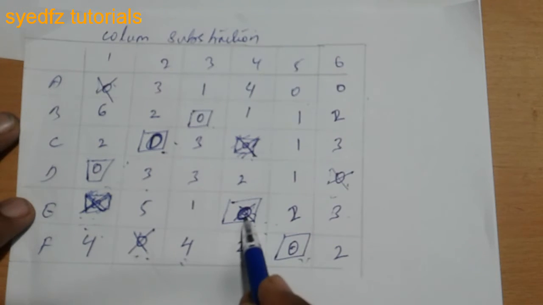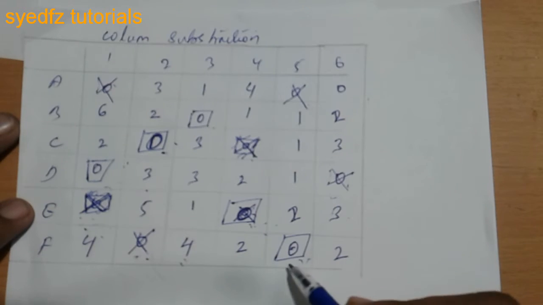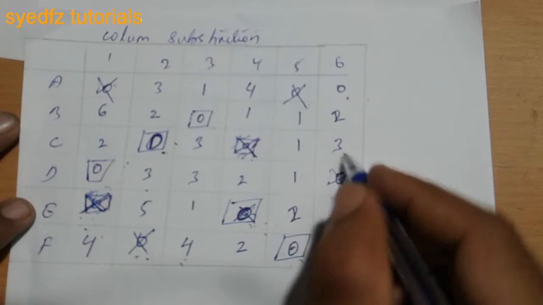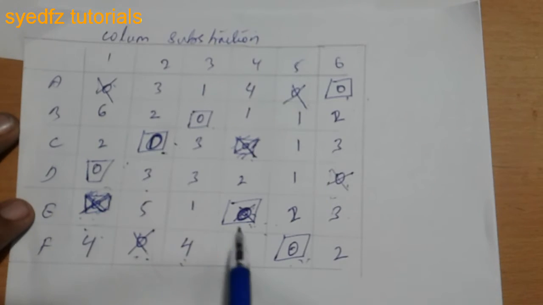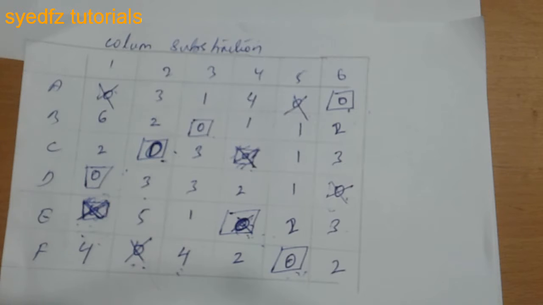If we have taken this one, I forgot to cut this one. So go column wise. There is only a single 0 left, so assign this one. So we got 1 2 3 4 5 6 zeros easily.